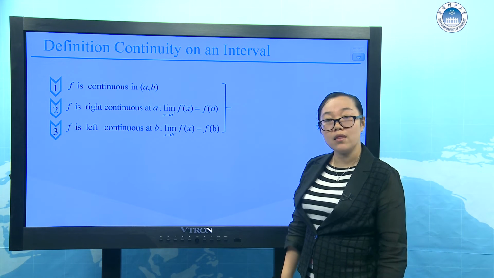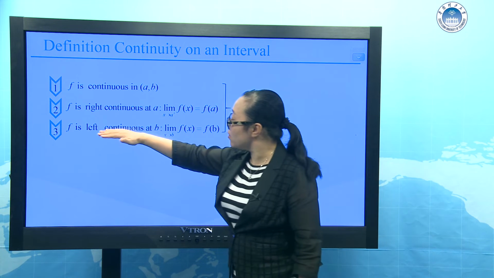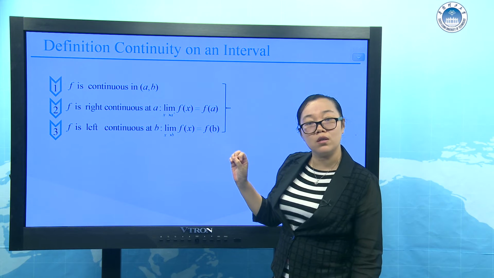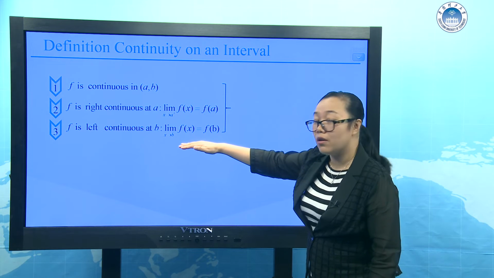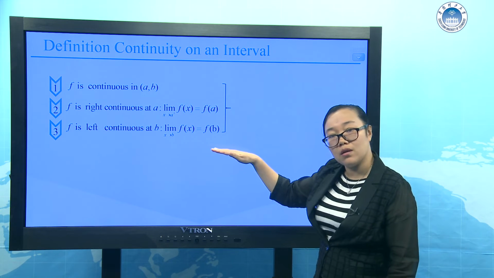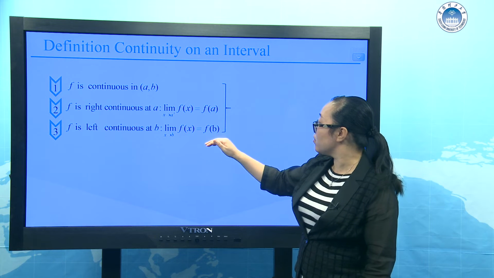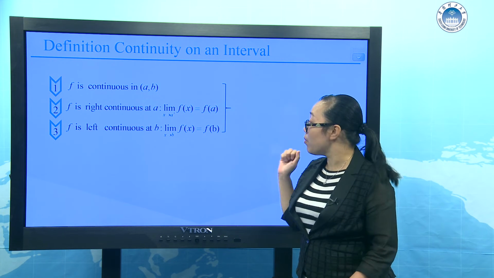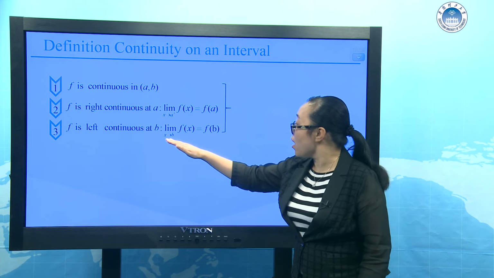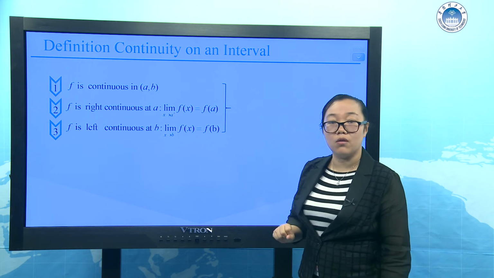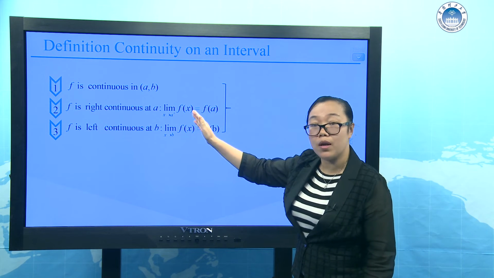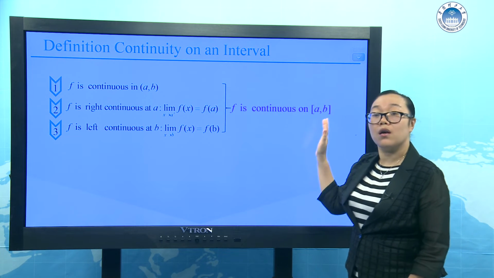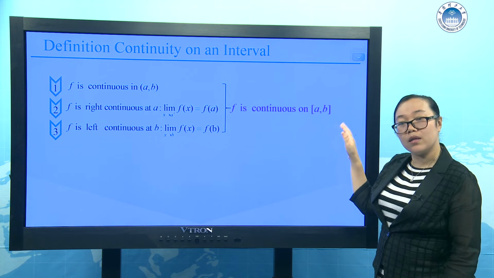How about the endpoint b? f is left continuous at b. What does left continuous mean? x tends to b from the left side, meaning the limit of f(x) equals f(b). We don't care about the values on the b-plus side; we only care about x tending to b from the left. We care about x tending to a from the right. At this time, f is continuous on the closed interval [a, b].